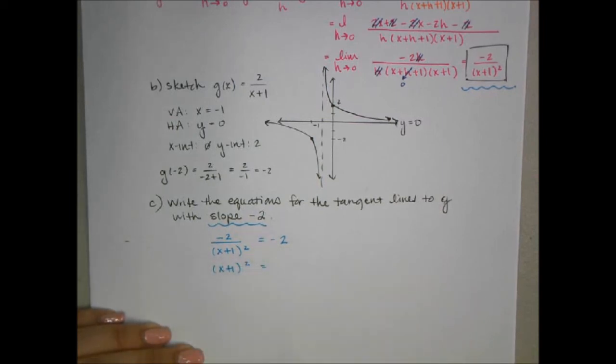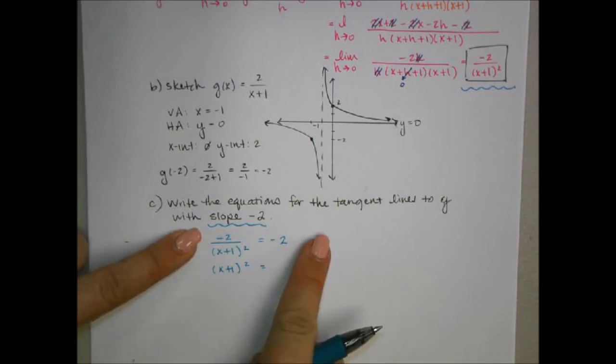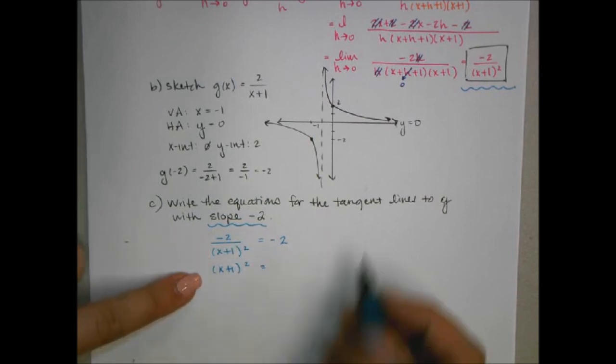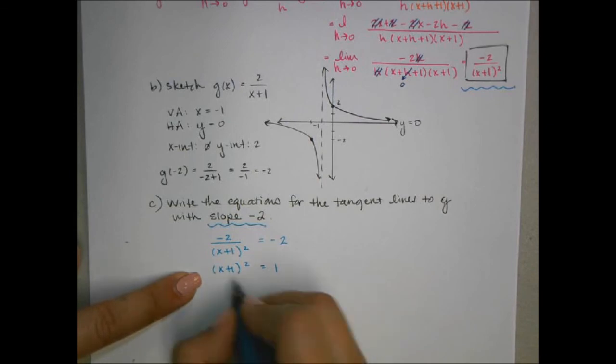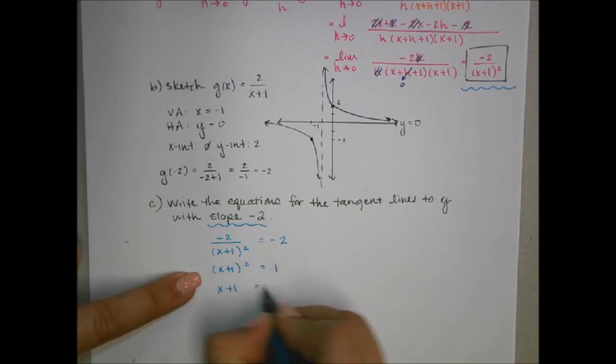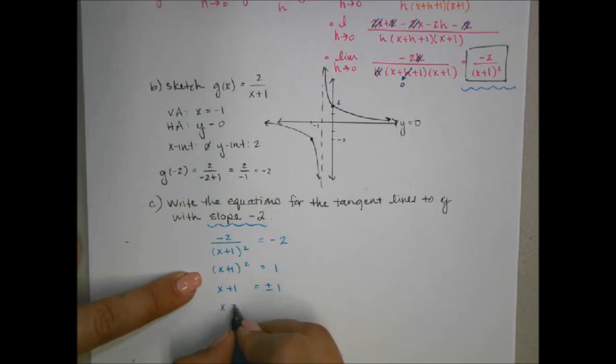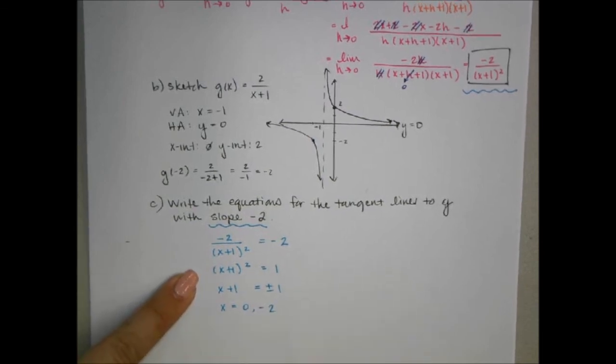So if I have negative 2 is equal to negative 2 over x plus 1 squared, then x plus 1 squared is equal to 1. We get x plus 1 must equal plus or minus 1. And so we subtract 1 from each. 1 minus 1 would be 0. Negative 1 minus 1 would be negative 2. So these are the x values.